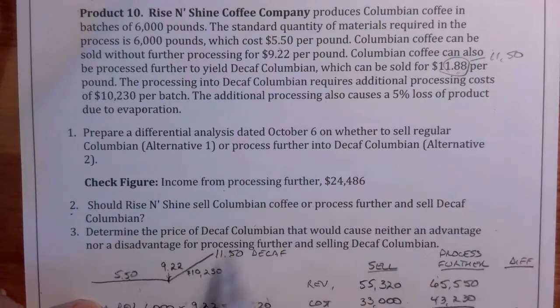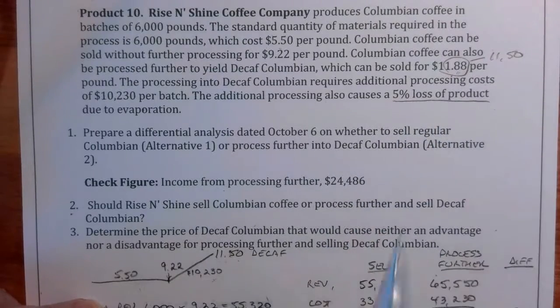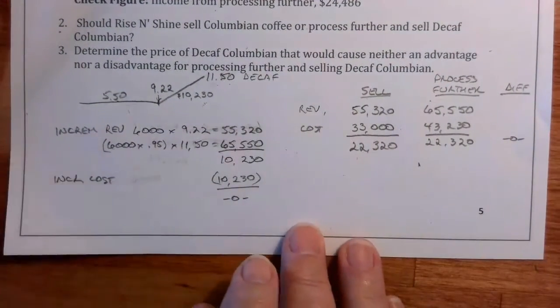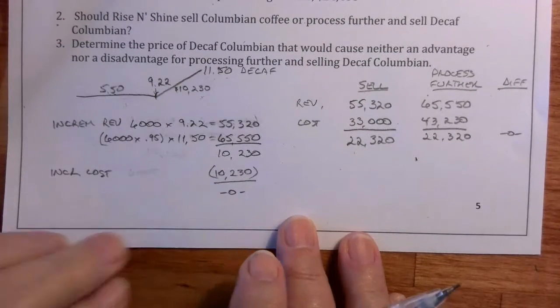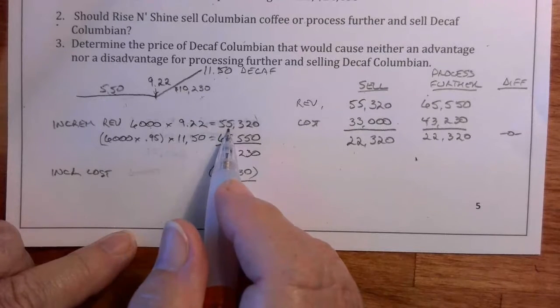So we're going to have it sell for $11.50, and the processing into decaf requires additional processing of $10,230 for the batch, and you lose 5% of your product, which makes a slight complication. They want a differential analysis, and I did it in a couple of different ways. My incremental revenue isn't all that straightforward, because 6,000 pounds at $9.22 a pound gives me $55,320.